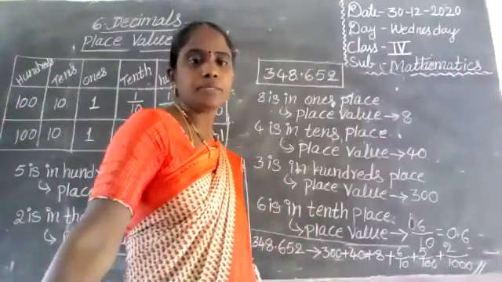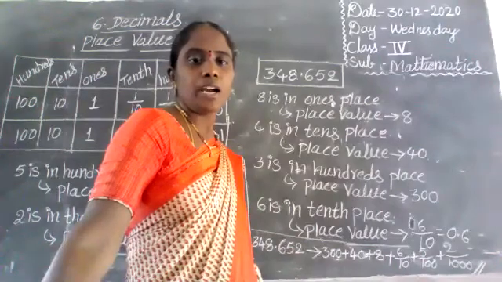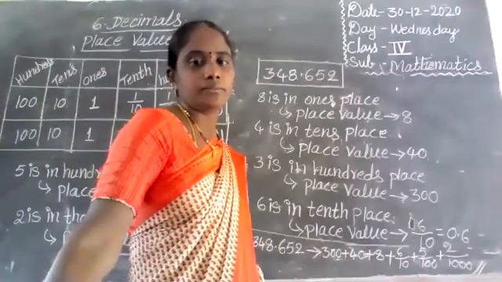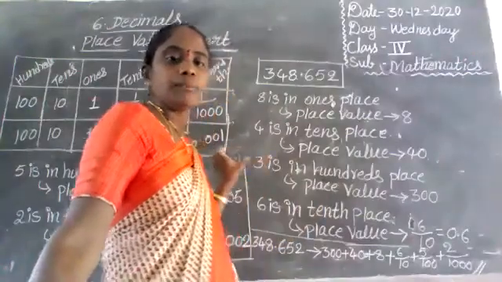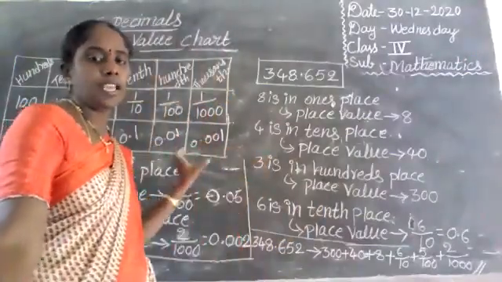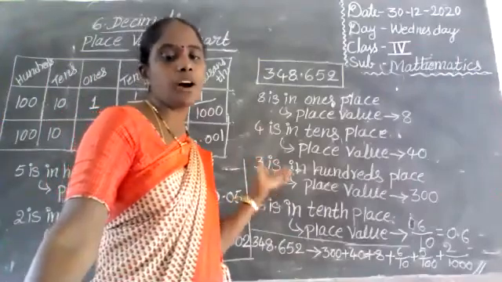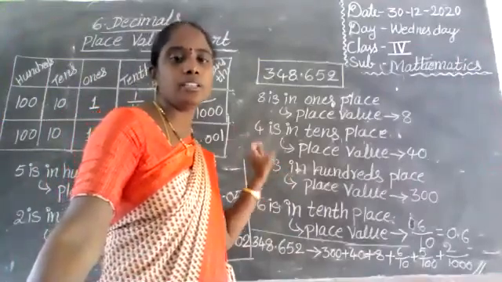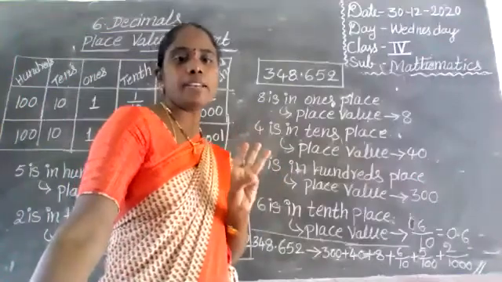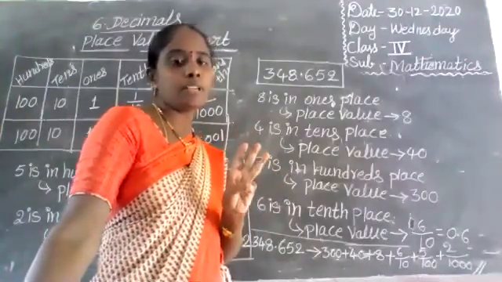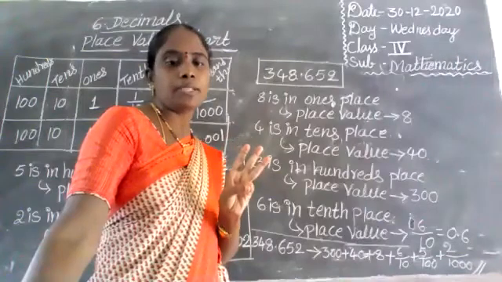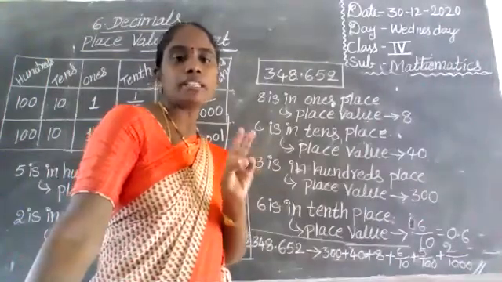Did you understand? If you have any doubt, raise your hand. In today's class I explained the place value chart, place and place value of numbers, and how to write the expanded form.